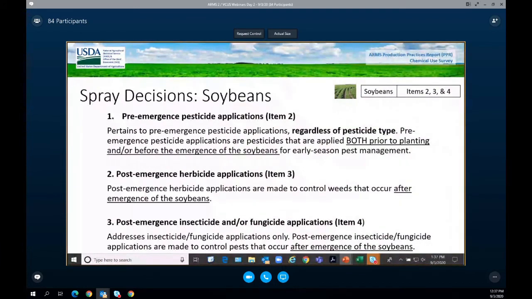Glufosinate is an old one. A newer one would be dicamba, which you'll often hear growers refer to by its trade name as Extend. We can talk a little more about that when we get to our resistance management slide, but that should give you a general sense of why we're differentiating between pre and post, and herbicides and insecticides or fungicides.